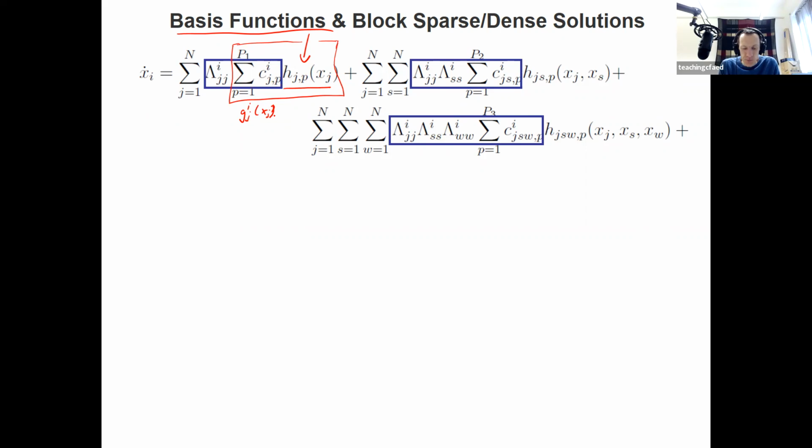And we just expand that in terms of basis functions. In a simple form, you can think of what are good basis functions. Well, you all know Taylor expansion, I assume. So its powers HJP would be just xj to the power of p, for example.